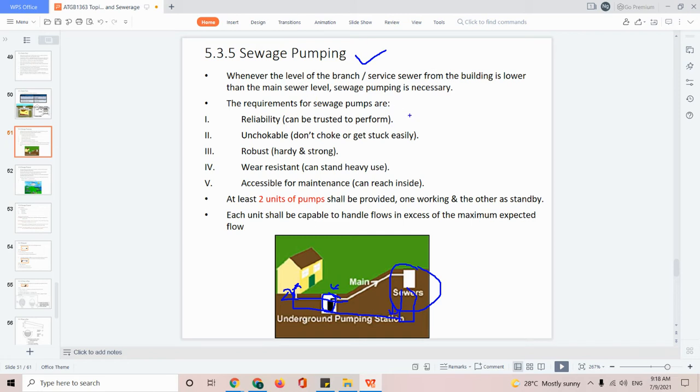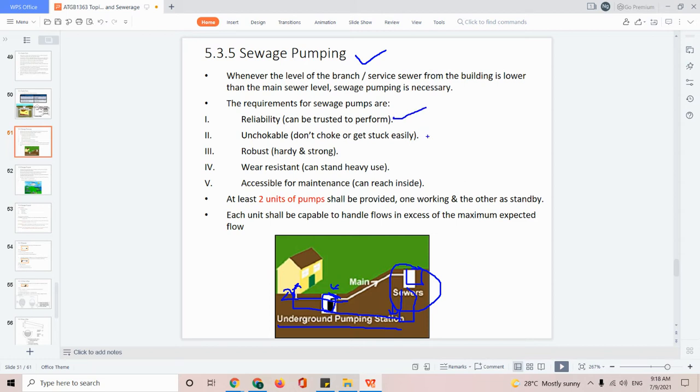But in the case where there's no choice, where the service point for our sewage is higher than our building, then we will have to put in an underground pumping station.